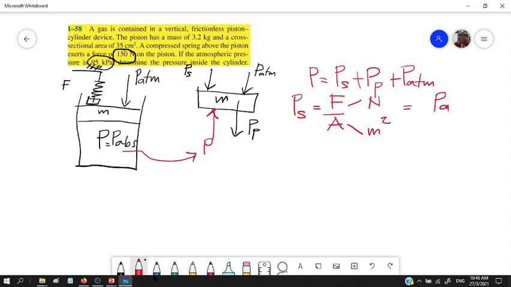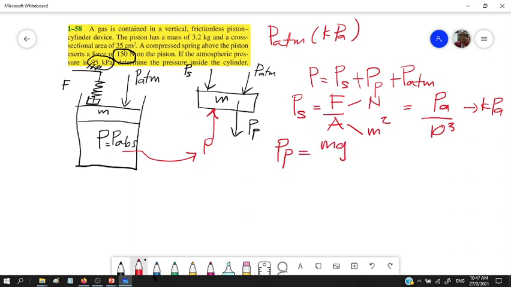But the P atmospheric is given in kilopascal, so you need to divide this by 1000 to get kilopascal. Again, for the piston, P piston is equal to M multiplied by G divided by A.